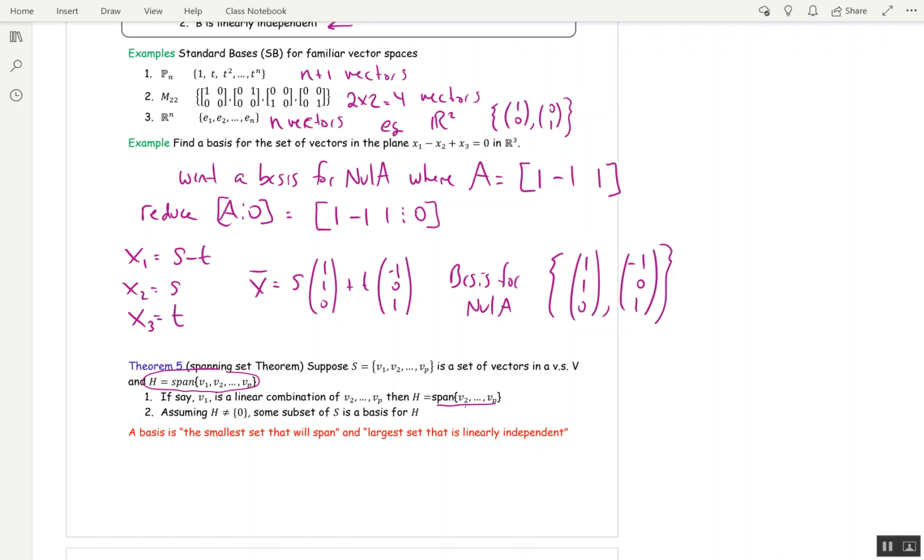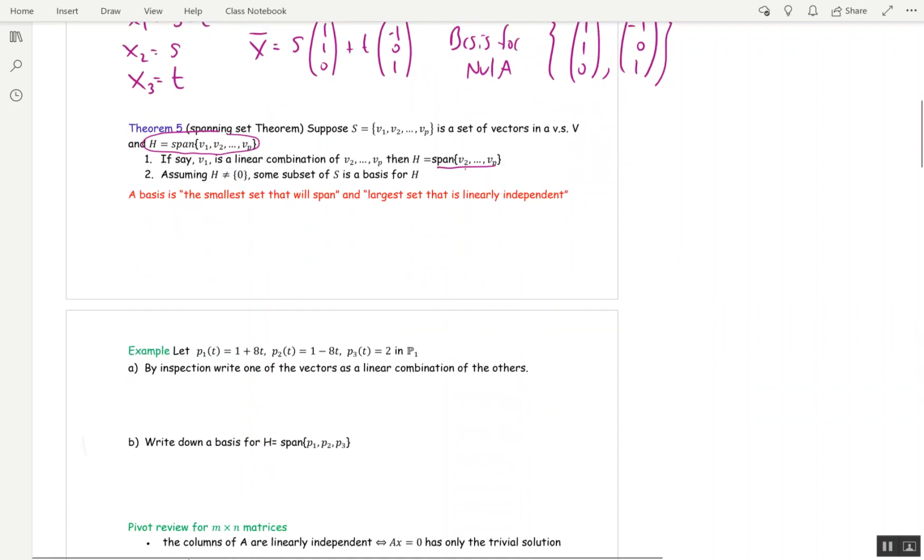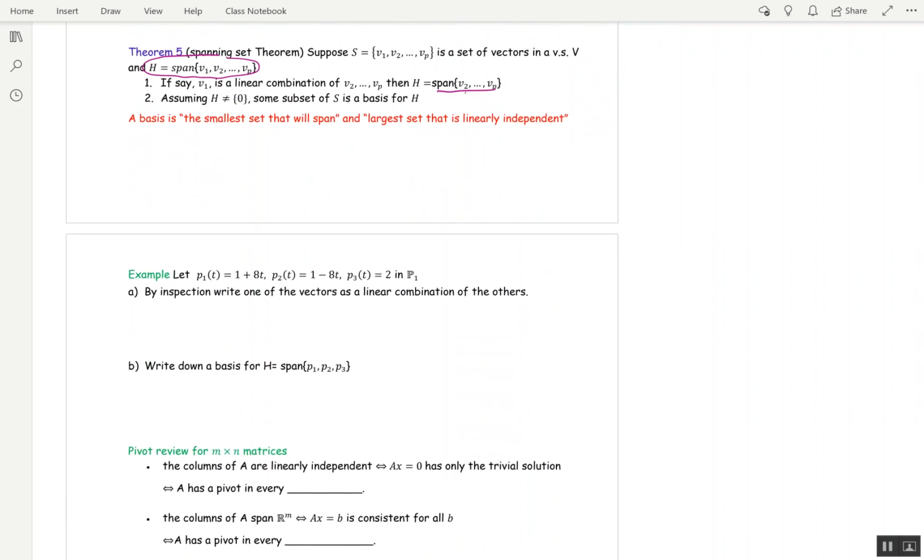All right, so let's do some examples here. Here we're working in P1, which is the set of polynomials of degree less than or equal to 1. By inspection, write one of the vectors as a linear combination of the others.